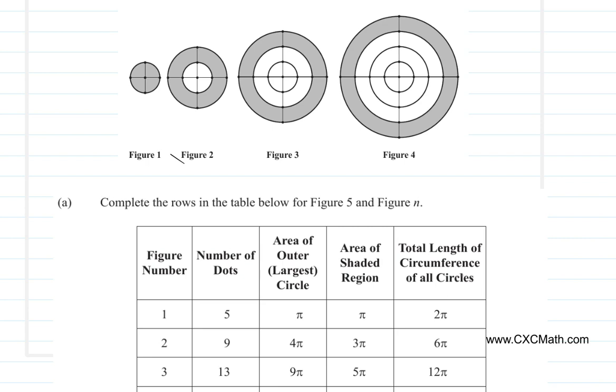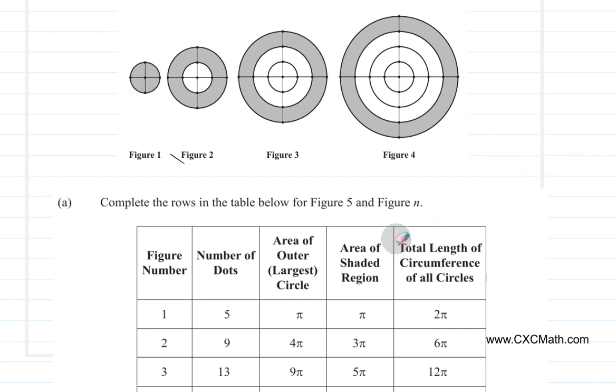And then the total length of the circumference of our circle. They say 2 pi for the first one. This is radius 1, 2 pi r, which is 2 pi times 1, so it's just 2 pi.